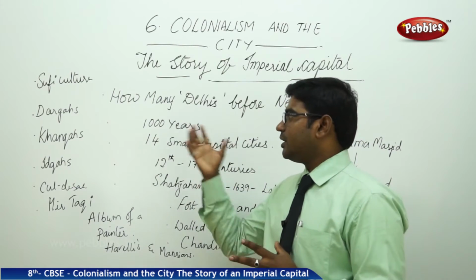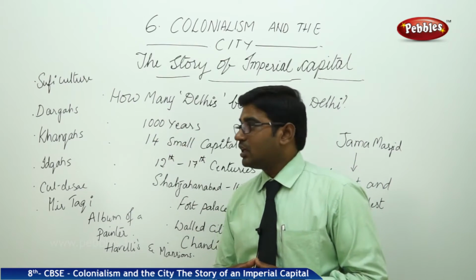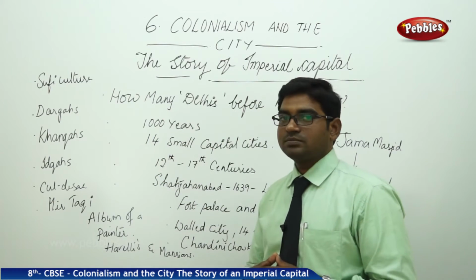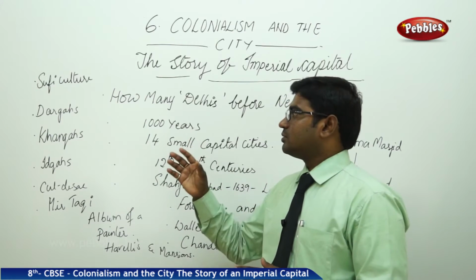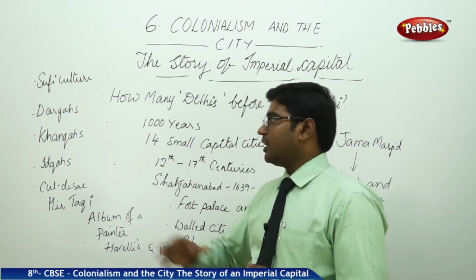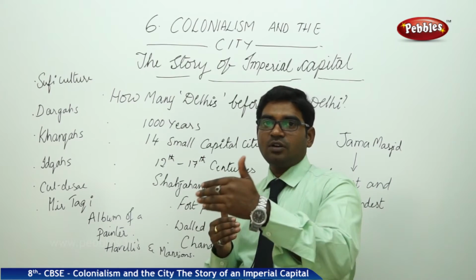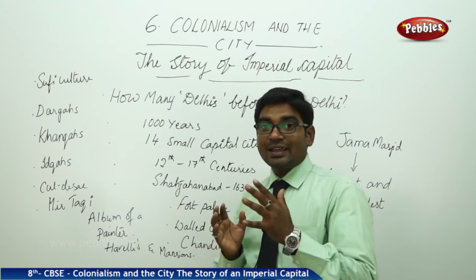So we have many tombs, dargahs, many khankas, many idkas, kuldisak, all these things. In the Sufi culture we have dargahs, the tombs of the Sufi gurus. Then we have khankas, the rest places.